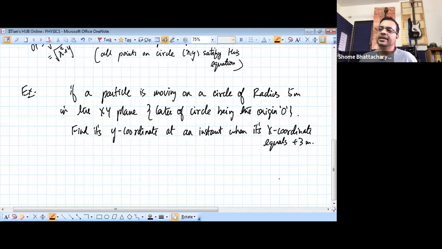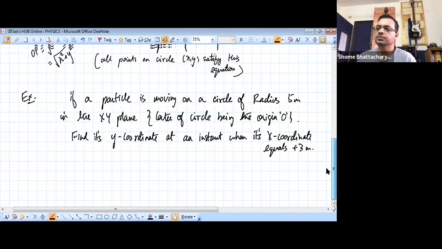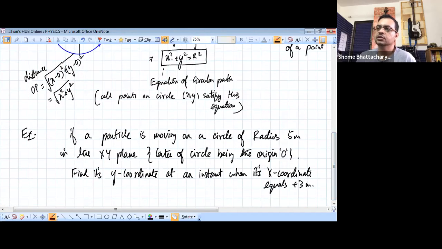So at an instant when the x coordinate is plus 3 meters, how much is the y coordinate? So just try to find this out using the above formula that we discussed. The equation of the circular path is this one. So apply that over here and you will understand what we mean by equation of the circular path.